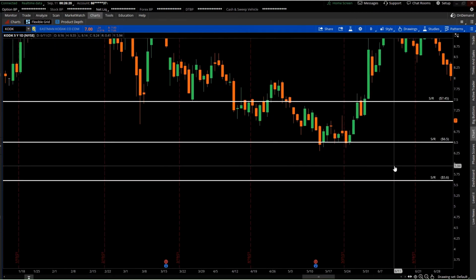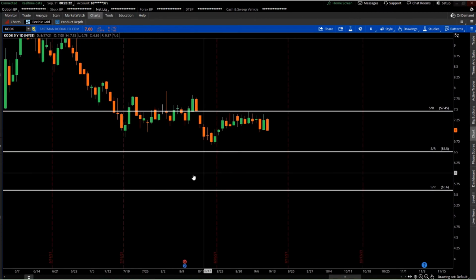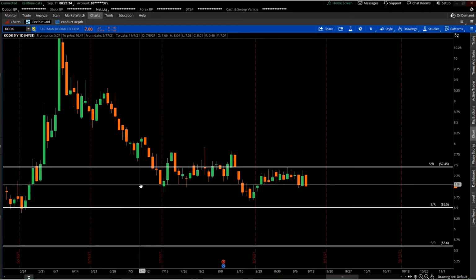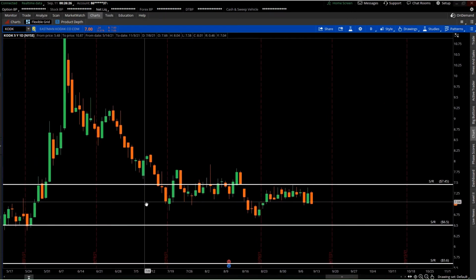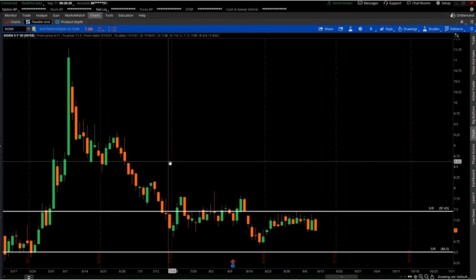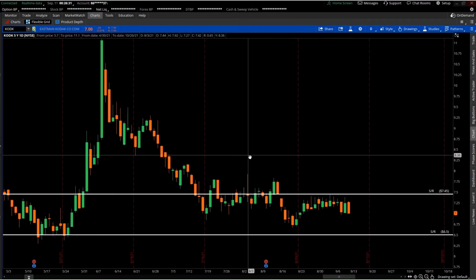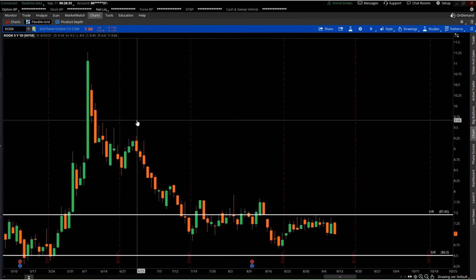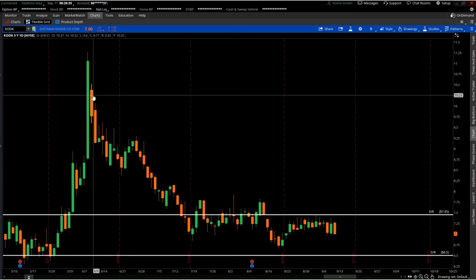So these are the three prices I have, and what I did was just to gauge what significant price levels might come into play. What I did was I added a regression channel.